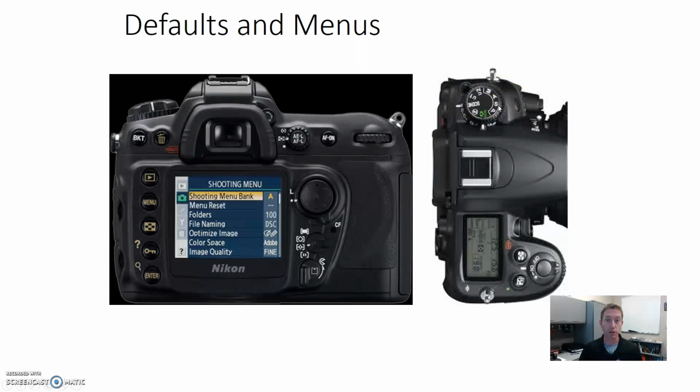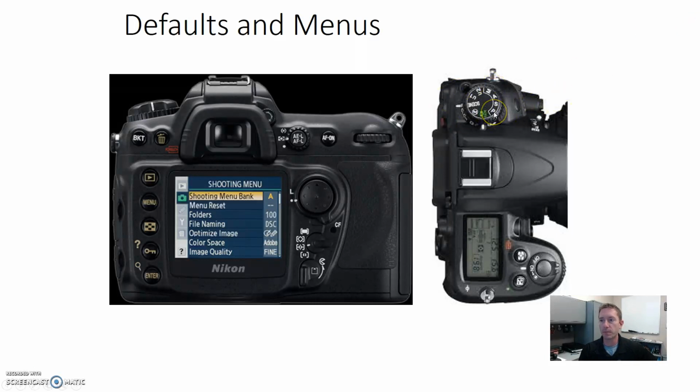Likewise, S is shutter priority, where you're deciding, okay, I want to stop action, or I want to have some ability to have something moving. So you're telling the camera what shutter speed you want. The camera will then figure out the aperture and everything else.